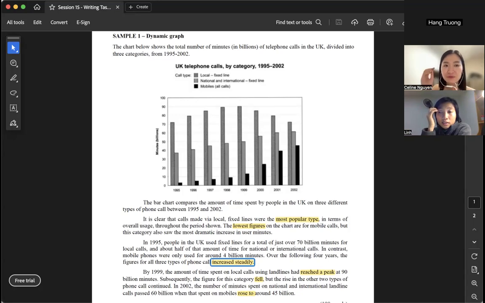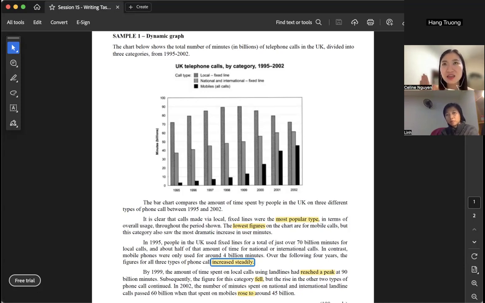Yeah, I think they have a point that can divide it into two parts. In 1999, they reached a peak, the highest proportion figure of the amount of time spent by people using the local fixed line.